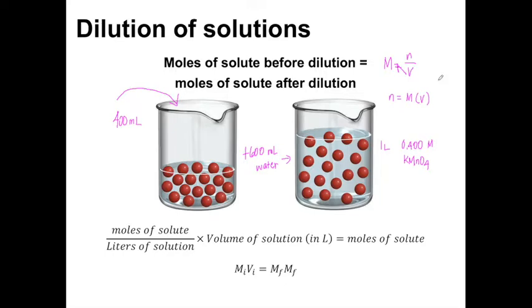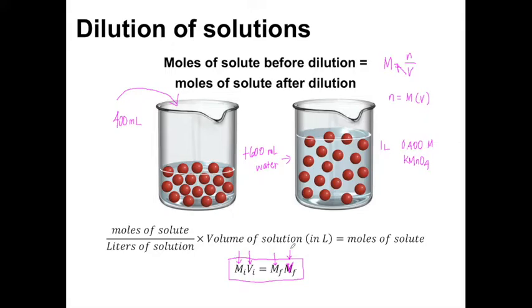So if the moles of solute before dilution is equal to the moles of solute after dilution, I can make this type of equation, wherein this one is the molarity of the solution before adding water, and this is the volume of the solution before adding water. Then we have the final concentration. Sorry, this is supposed to be V. And then the final volume.